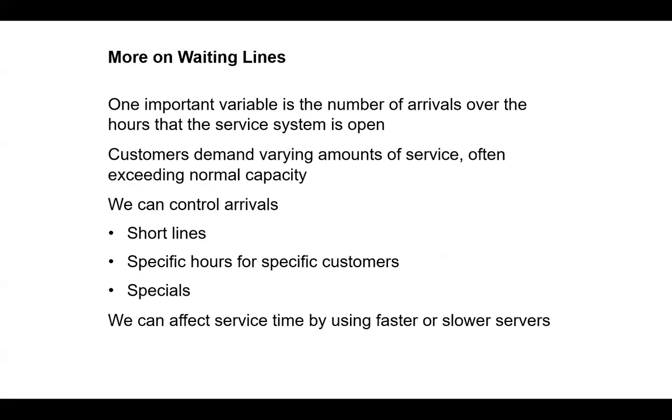You can also affect the service time, which is another variable we care about. You can use faster or slower servers to change the service time. So these two variables, the number of arrivals and the service time, are the two important factors when we manage waiting in process.